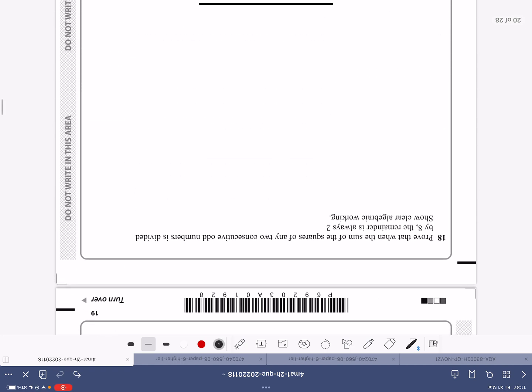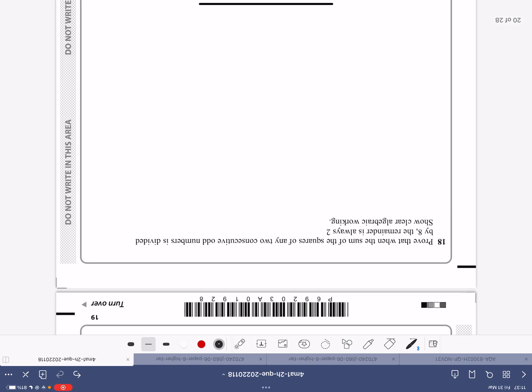Prove that when the sum of the squares of any two consecutive odd numbers is divided by 8, the remainder is always 2. Show clear algebraic working. Right, two consecutive odd numbers. That's going to be 2n plus 1 and 2n plus 3.